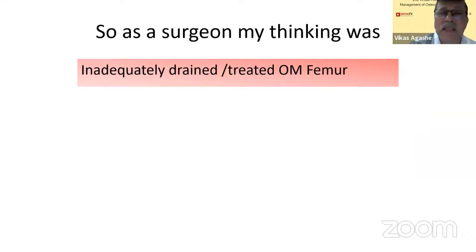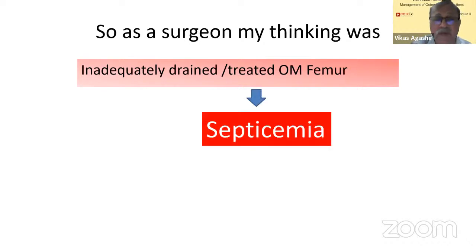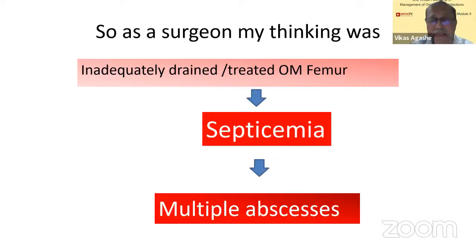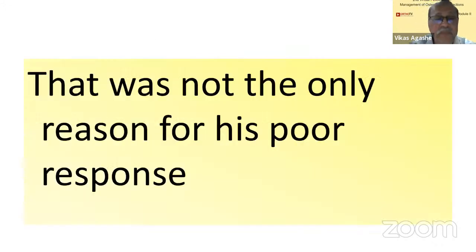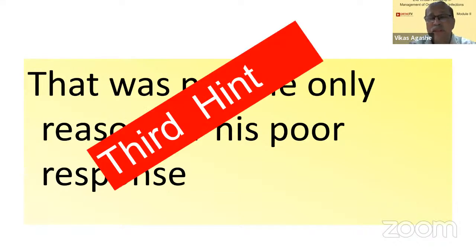So as a surgeon, I thought that this is an inadequately treated osteomyelitis femur, which has gone into septicemia and with multiple abscesses. I mean, that's all I can think. We always try to blame the previous surgeon. We always say that, oh, he has not done a good job. But that was not the only reason for his poor response. That's the third hint.